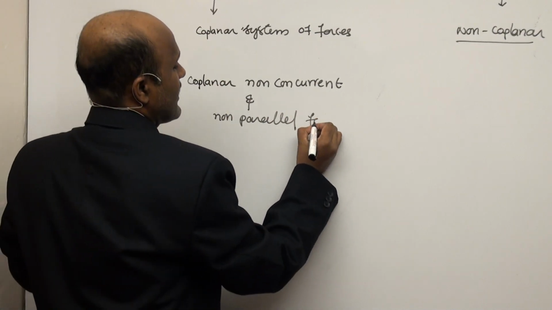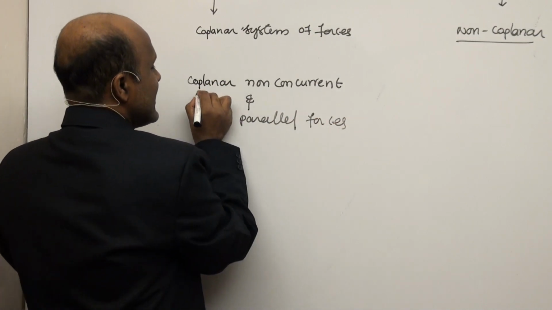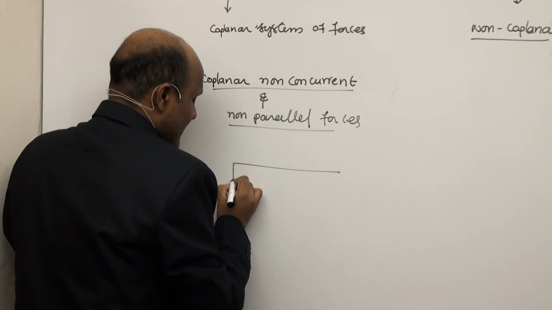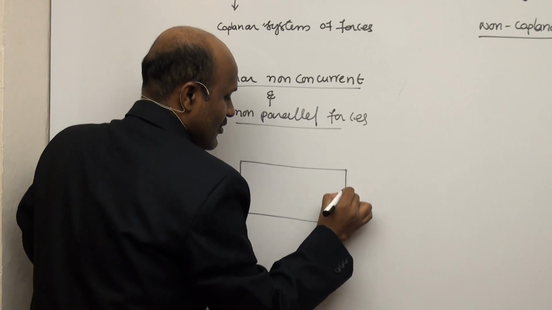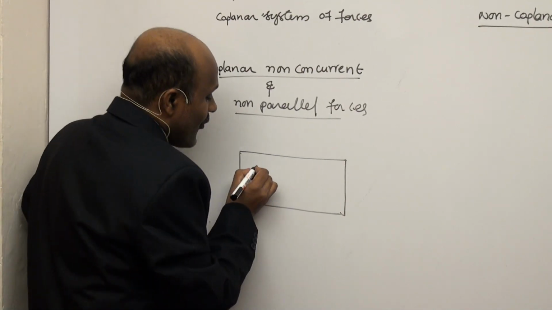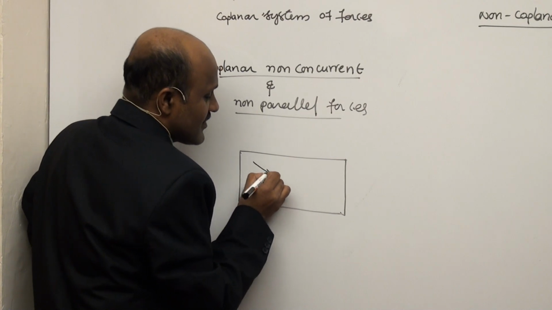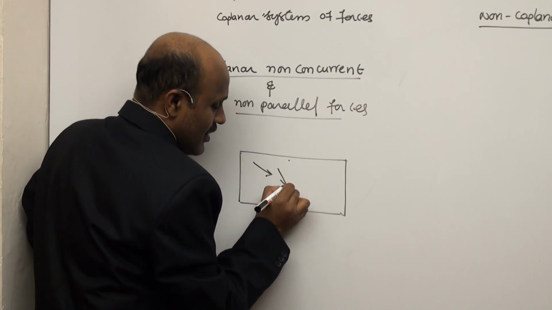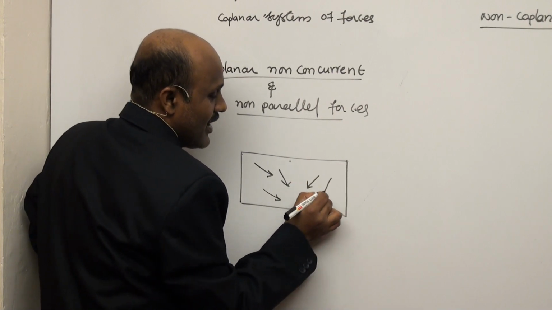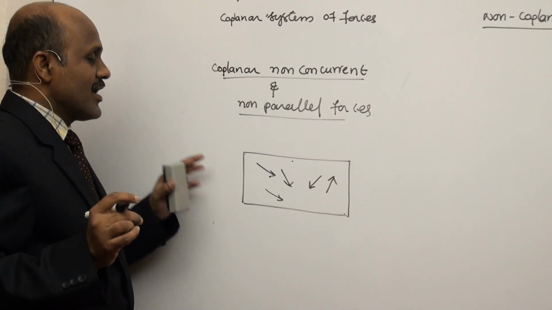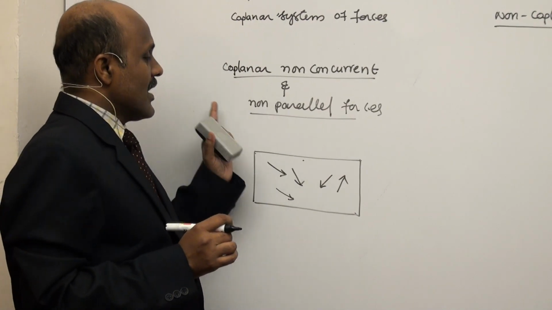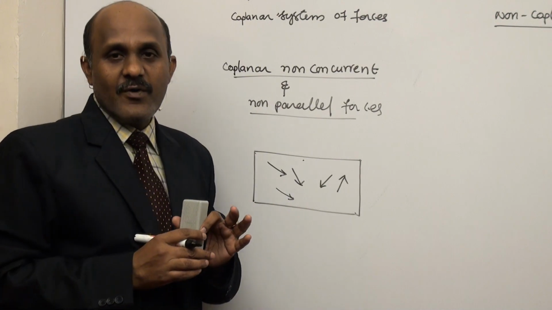See here, in this case the forces and their line of action are in one plane, but these forces and their lines of action do not intersect at one point, nor are they parallel to each other. So this is called coplanar non-concurrent and non-parallel forces.